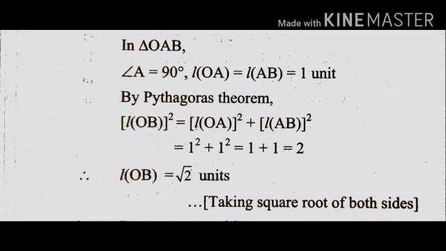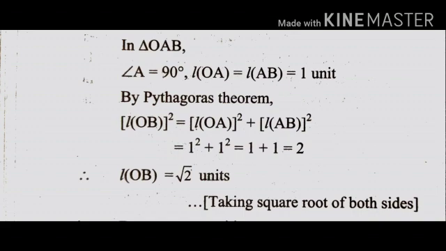So, by Pythagoras theorem, length of OB square is equal to length of OA square plus length of AB square. That is, length of OB square is equal to 1 square plus 1 square, which means length of OB square is equal to 2.